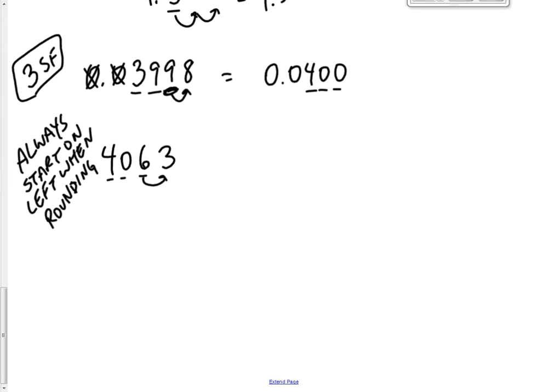Sorry, we're going to round the 6. We're going to look to the 3. Well, the 3 tells the 6 to stay the same. So what a lot of people do is just say, okay, it's 406. But you can't round 4,063 to 406. It just doesn't work like that. So anything to the left of the decimal has to be a 0, because we still need this 4 in the thousands place, and this 0 in the hundreds place, and this 6 in the tens place, just like it is in our original question. So don't forget to make sure that 0 stays there.